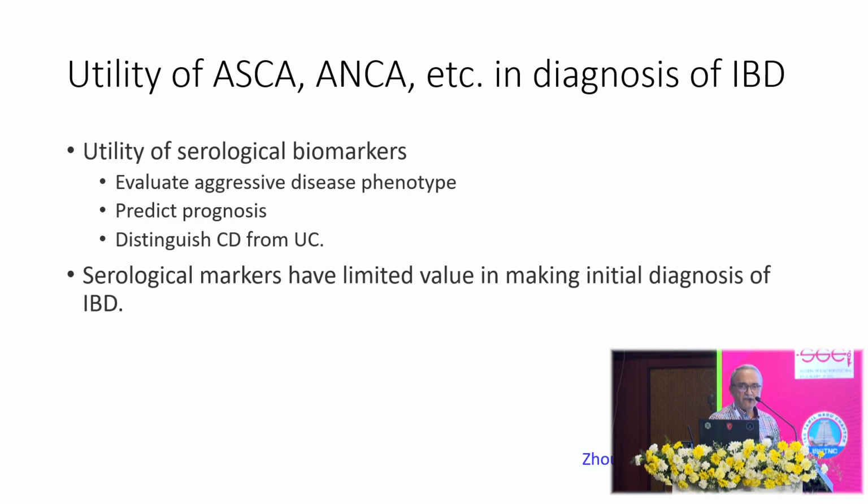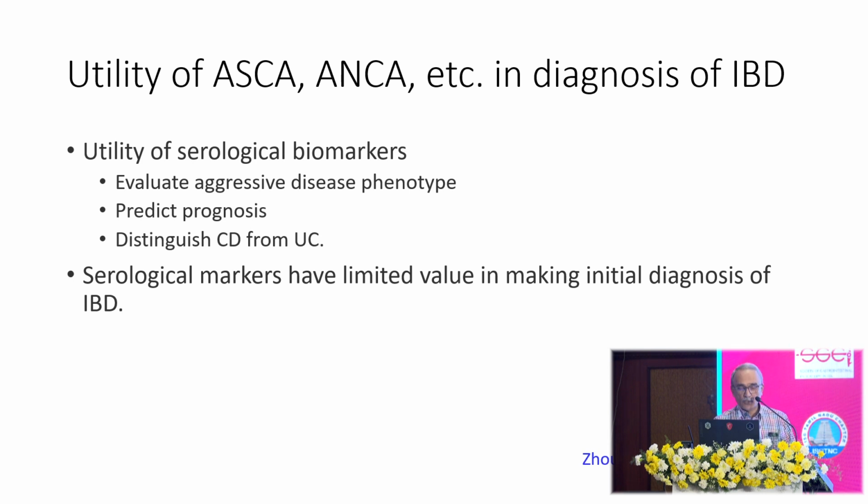What about the utility of ASCA and ANCA? These are widely available, on an outsourced basis in most hospitals. They are widely used, and I sometimes think they are widely misused. Essentially, the serological biomarkers can evaluate an aggressive disease phenotype.